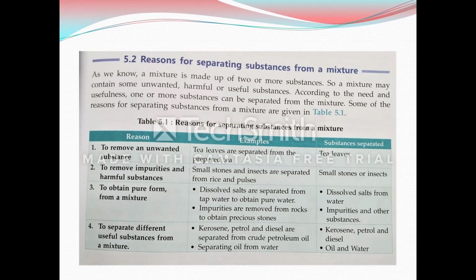Now, what is the reason? Why do you need to separate substances from a mixture? There are only two basic reasons for which we separate substances from a mixture. One, you don't want something.